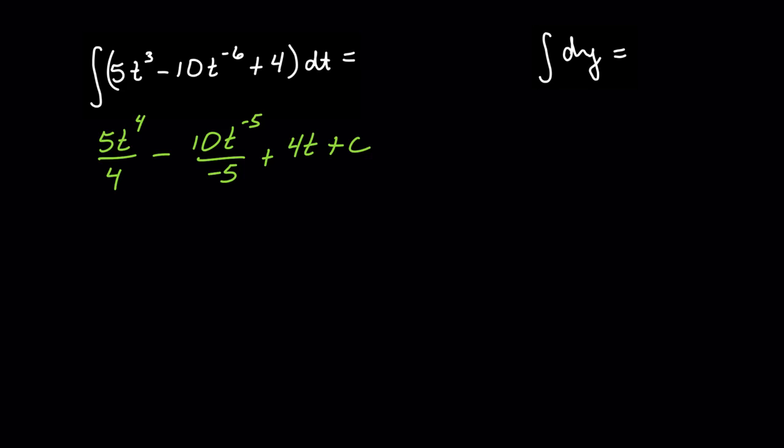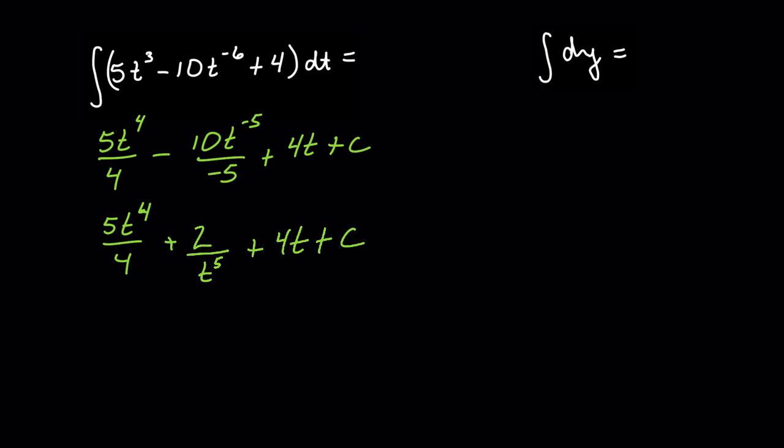And really, you can leave it like this, but another thing you may see is a lot of times they will reduce the negative exponents and move them to the denominator. So over here, minus a negative would change that to a plus. 10 over 5 is 2 over t to the 5th power, and then plus 4t plus c.